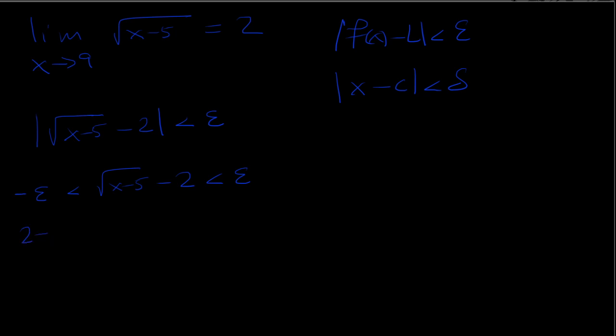So we'll have 2 minus epsilon is less than square root of x minus 5 less than 2 plus epsilon. And then I can square both sides. And then finally I'm going to add 5.